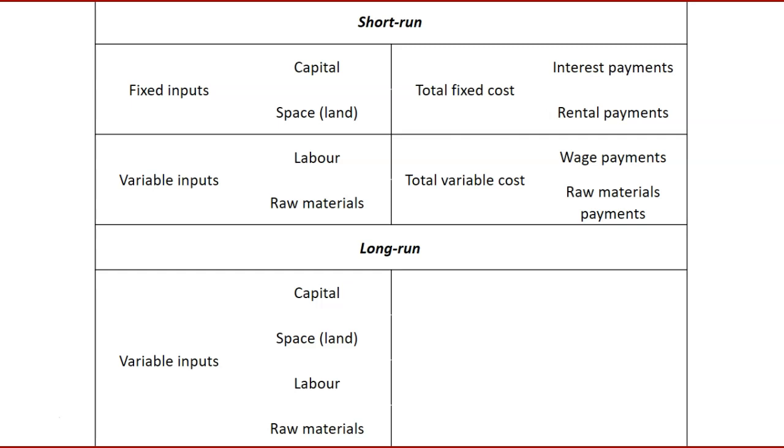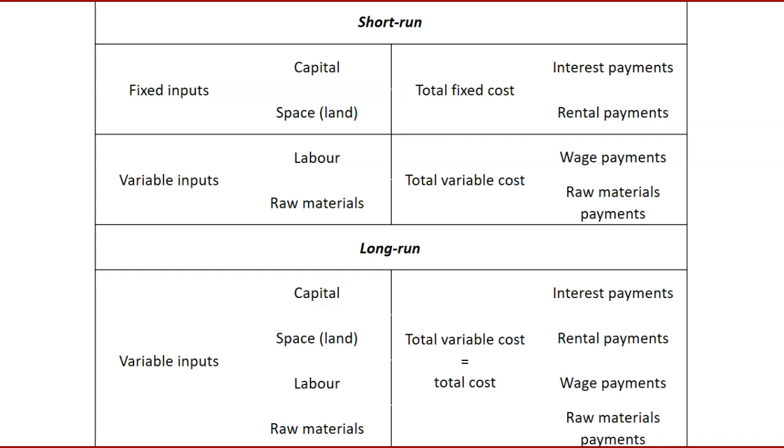In the long run, of course, all of the inputs are variable, so the total cost of all of the inputs will be the same as the total variable cost, since all the costs are variable. And we've got the corresponding payments to be made for each of those inputs.